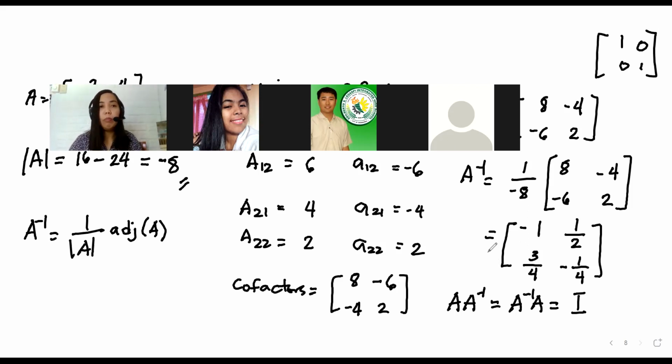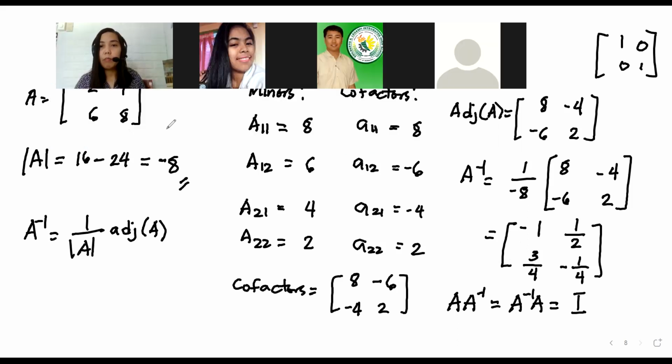So you multiply your matrix A by your inverse, and your answer should be an identity matrix. Okay, you can double check. 2 times negative 1 is negative 2, plus 12 divided by 4, which is 3. So negative 2 plus 3 is 1.